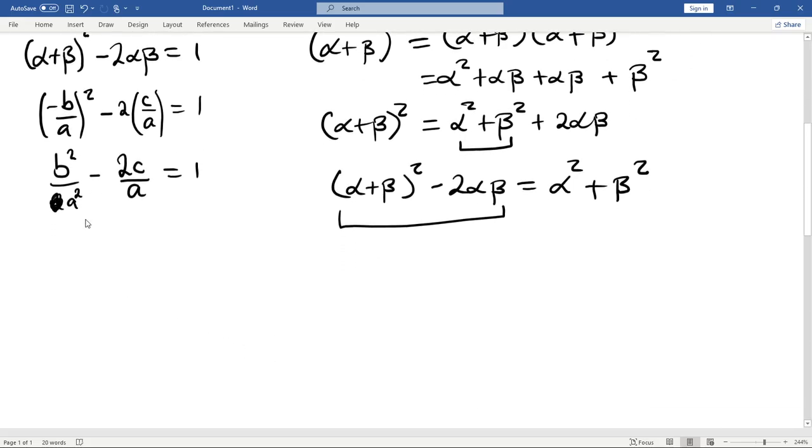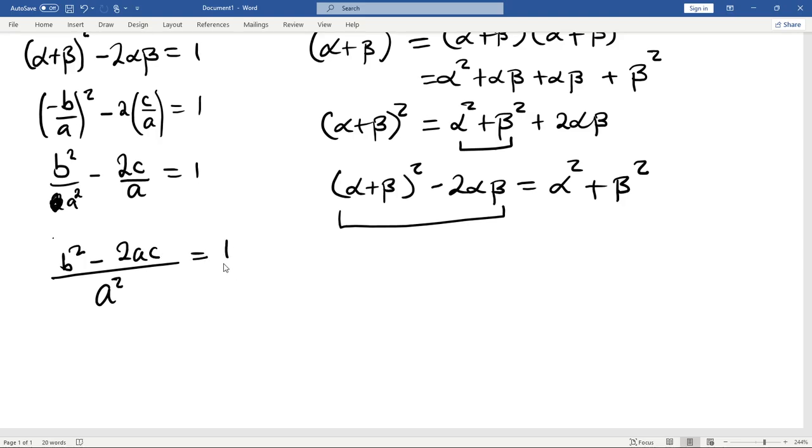Then we make this a single fraction. When we make this a single fraction, we're simply going to have b squared, and the common denominator is going to be a squared. A squared into a squared is 1 by b squared, we have our b squared, minus a into a squared, we get a times that, we get 2ac. So this is equal to 1.